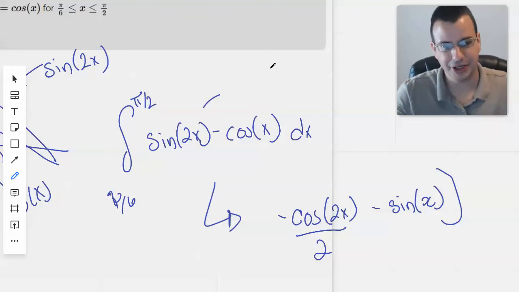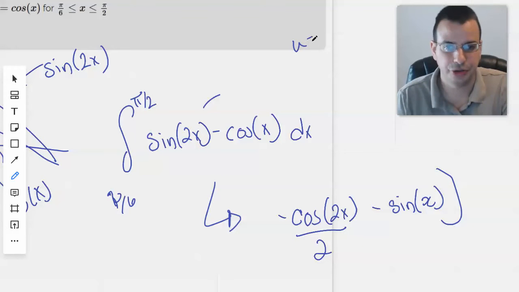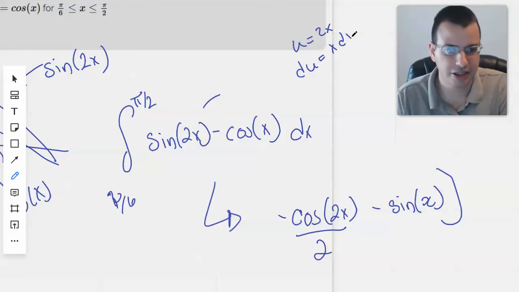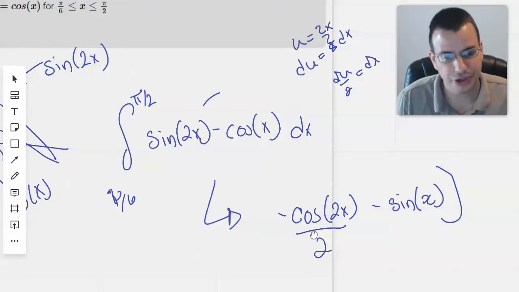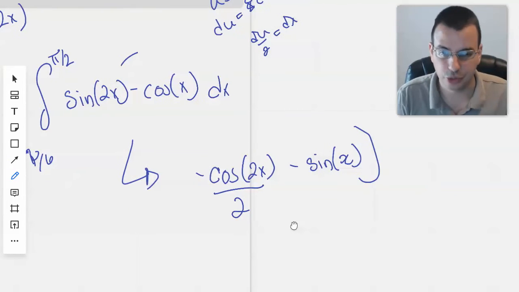If you're really stressed for time, you do the mental u equals 2x, du equals 2 dx, du over 2 equals dx, and you find a divided by 2 when you have everything solved.